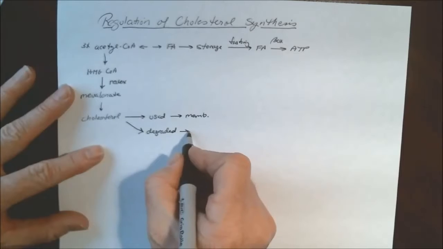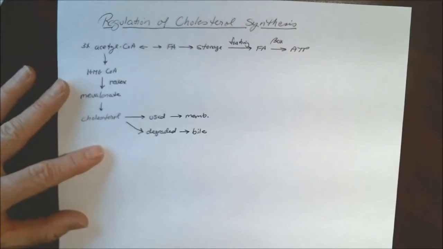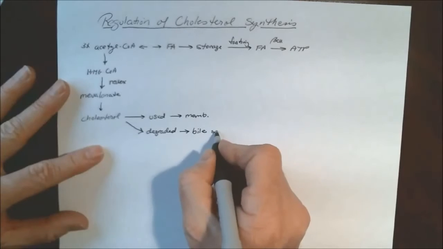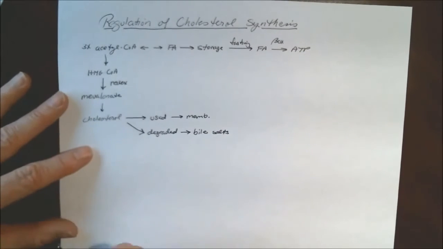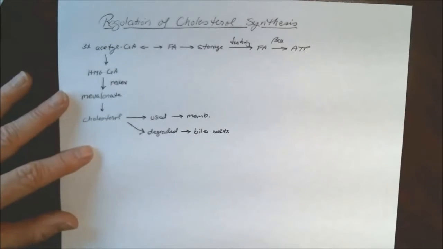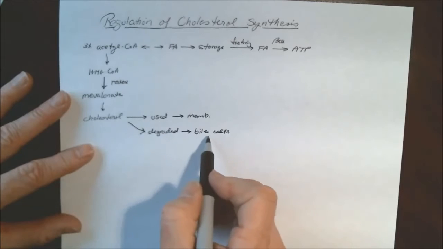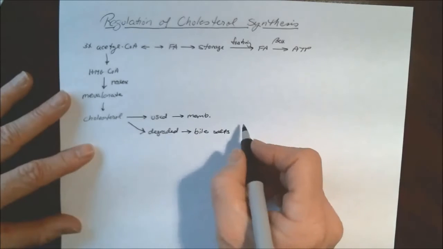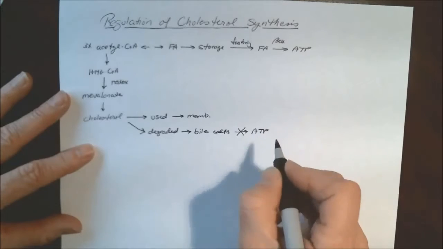And the degradation of this is to convert this into bile salts, and these are used for emulsification of lipids. But the energy put into the cholesterol, into the bile salts, these are not recovered for energy. There is no energy harvested.